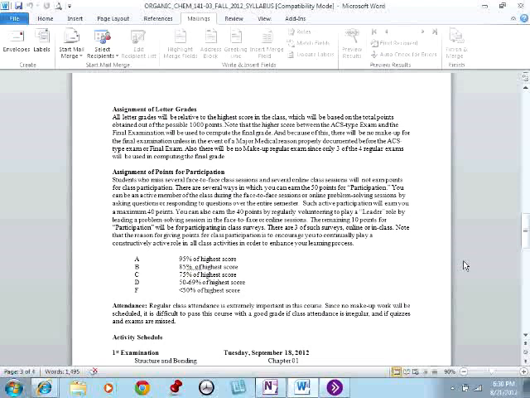So, say for example, out of 1,000, the highest scorer was 500, right? So what would be A? Somewhere between 400 and 450, right? So 95% would be A. So it's relative to the highest score in the class.